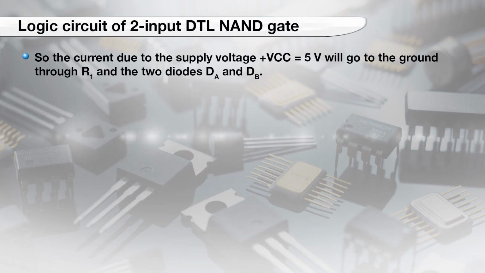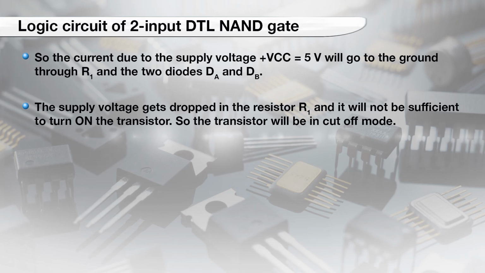So the current due to the supply voltage VCC of 5 volt will go to the ground through R1 and the two diodes DA and DB. The supply voltage gets dropped across the resistor R1 and it will not be sufficient to turn on the transistor. So the transistor will be in cut off mode.